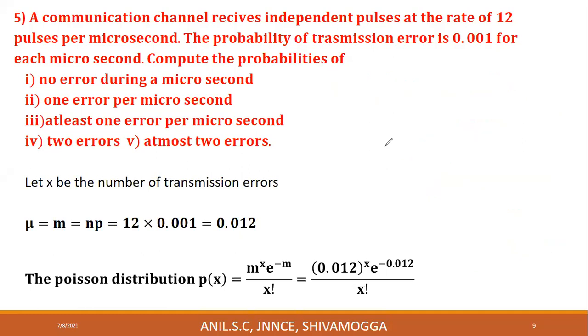And in the fourth case, what is required? 2 errors. 2 errors mean x is equal to 2. Put x is equal to 2. Calculate.